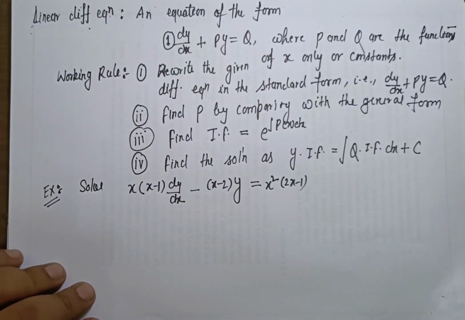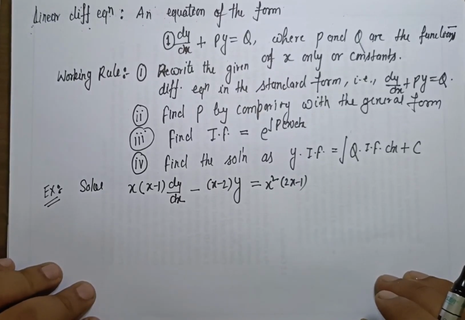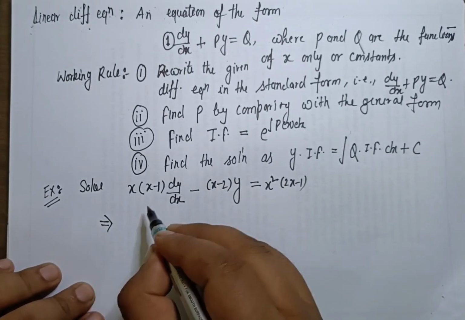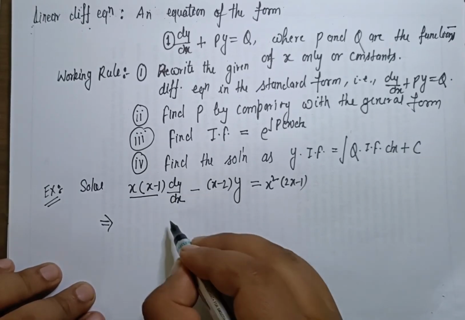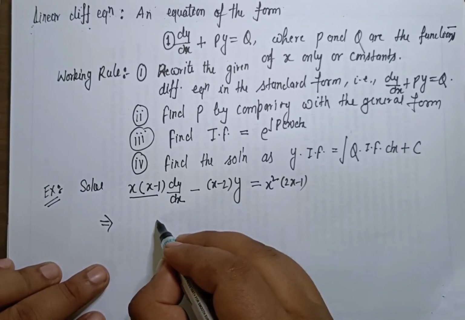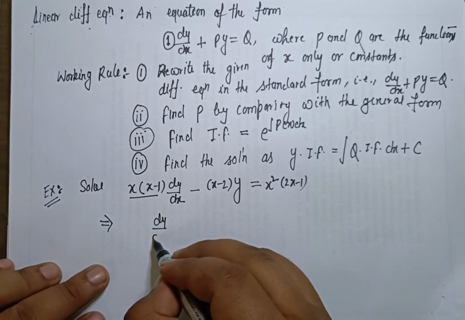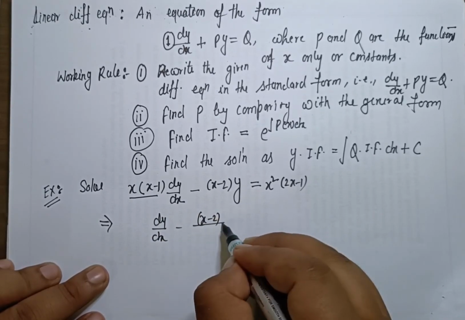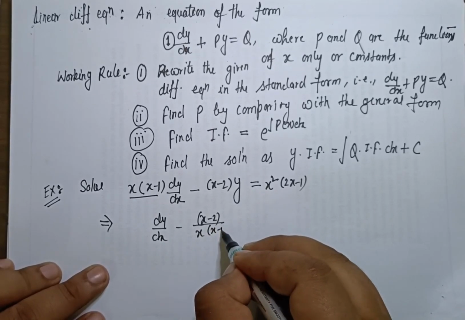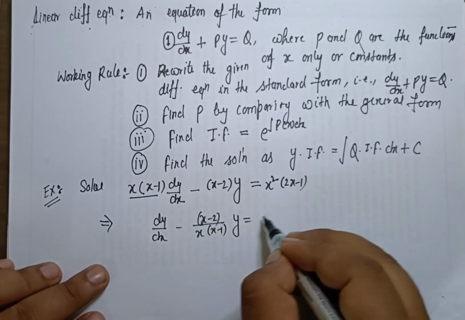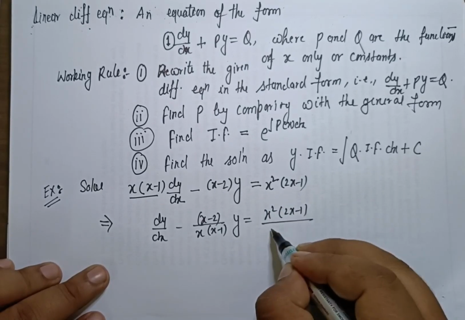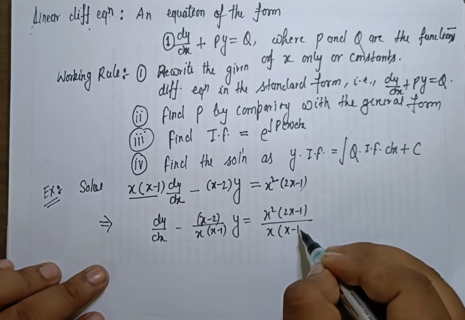It is not in the standard form, so first we write it in the standard form, dividing by the coefficient of dy over dx, that is x into (x minus 1). So dy over dx minus (x minus 2) divided by x into (x minus 1) times y equals x square (2x minus 1) divided by x into (x minus 1).